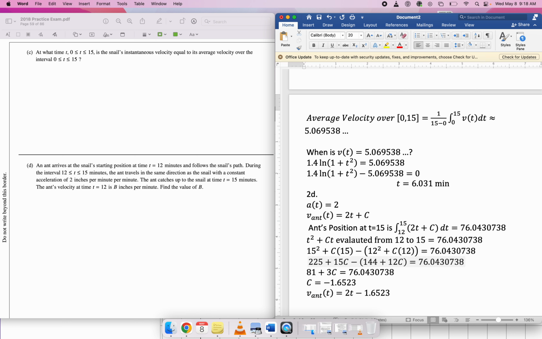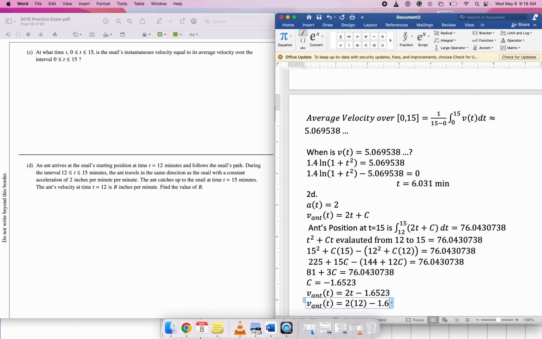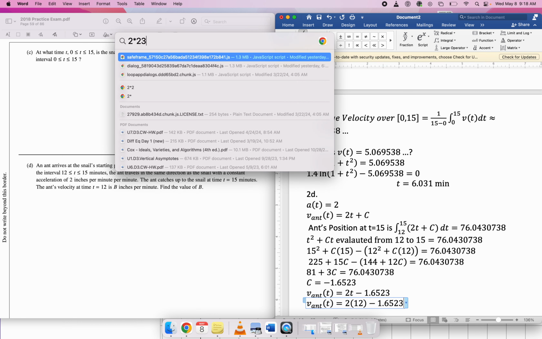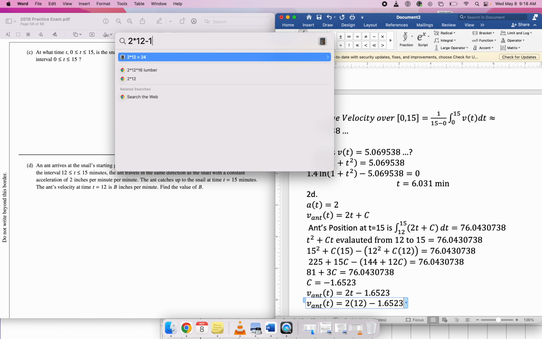So now that I have the velocity function of the ant, I know that the ant's velocity at time t equals 12 is b inches per minute, find the value of b. So they're just saying find the ant's velocity at time t equals 12, which I can do easily now by plugging in 12 for t. So 22.3477.